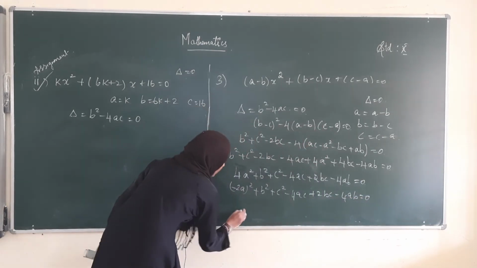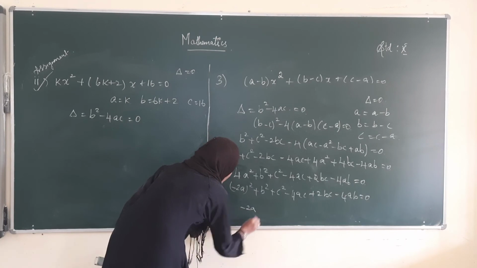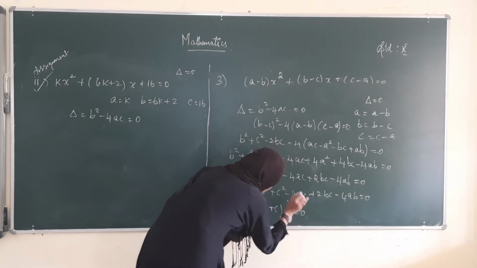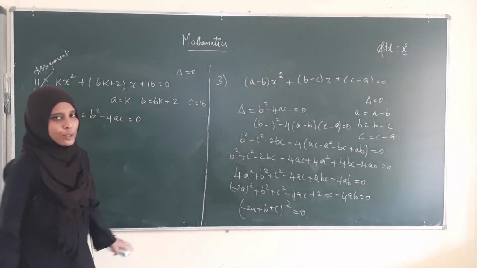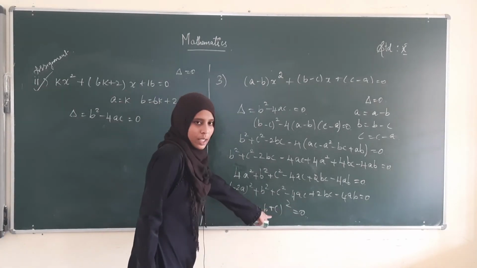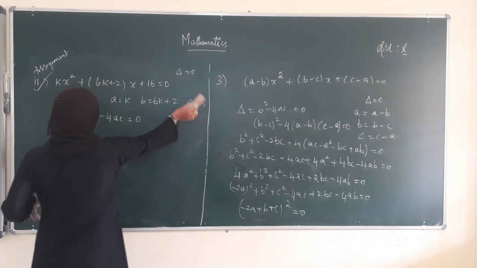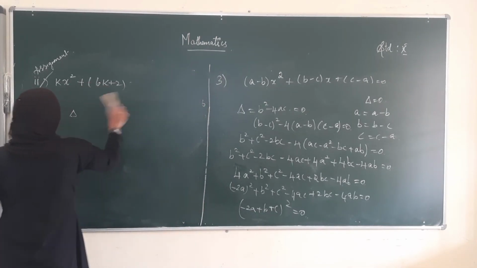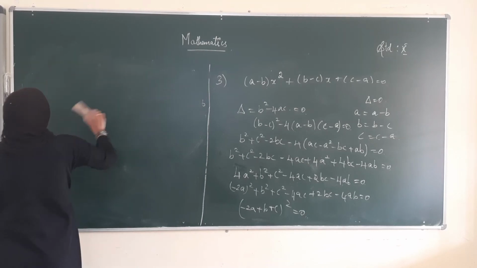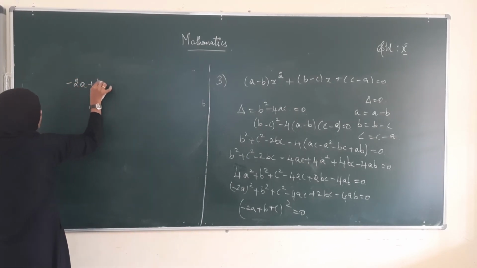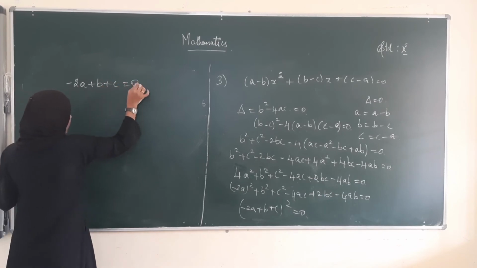So this can be written as (minus 2A plus B plus C) the whole square equal to 0. This is the formula. Now taking square root on both sides, the left hand side we get minus 2A plus B plus C is equal to 0.